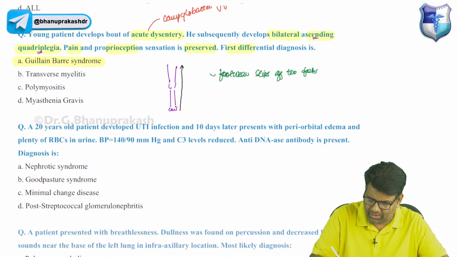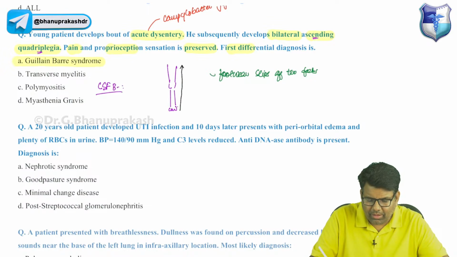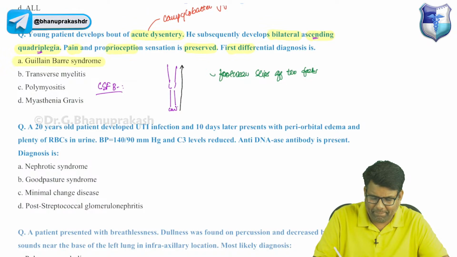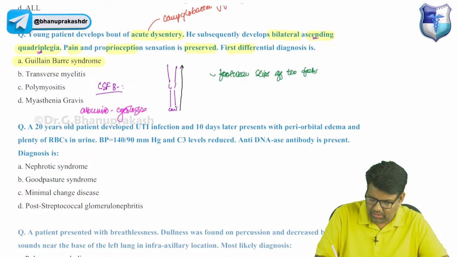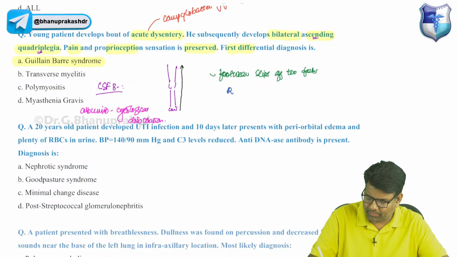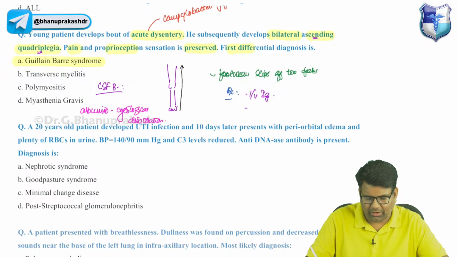Albuminocytological dissociation. And treatment wise, you would like to do IV immunoglobulin or plasmapheresis. Very good.